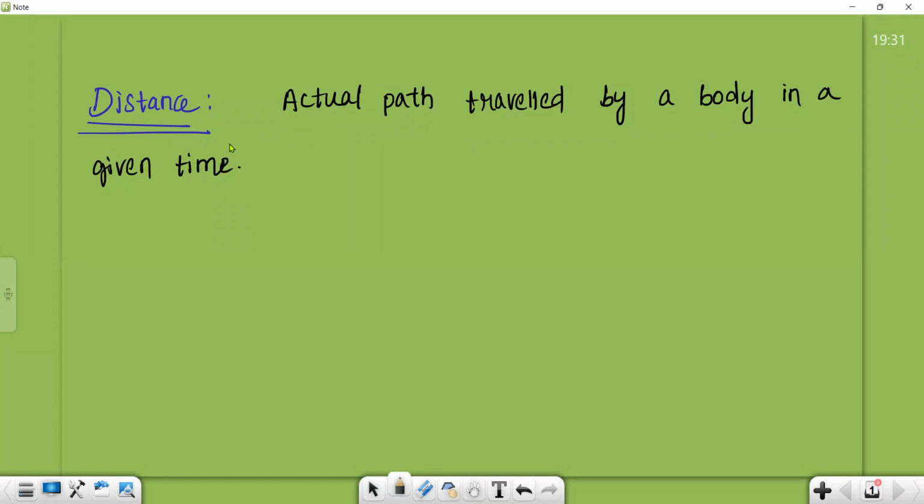As you have traveled the whole path, you are telling it. Now, to reach that particular destination, whether by a shortcut or a long cut, that tells about the displacement.